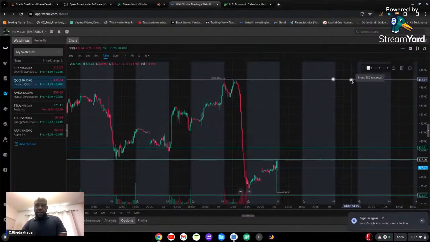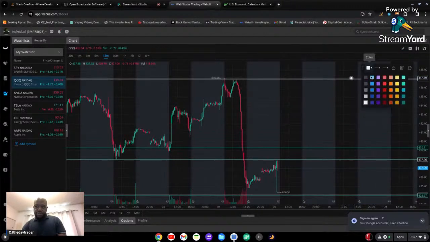Let's place a white line up here for whole number purposes, and give it a red line for serving as a rejection point.